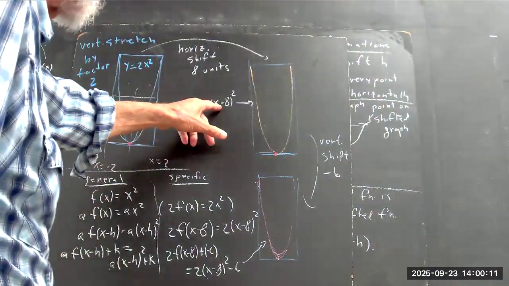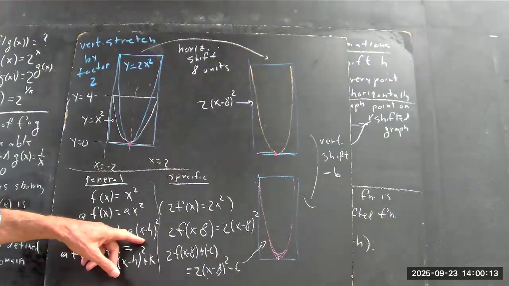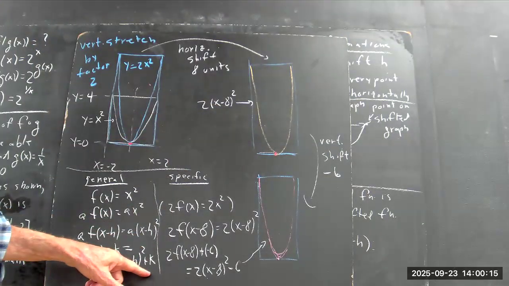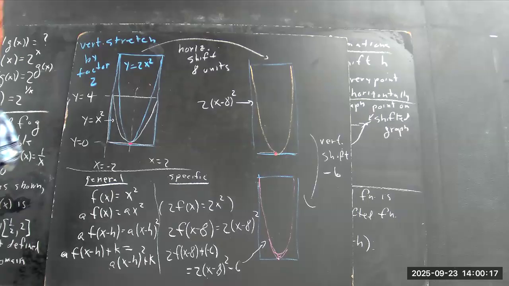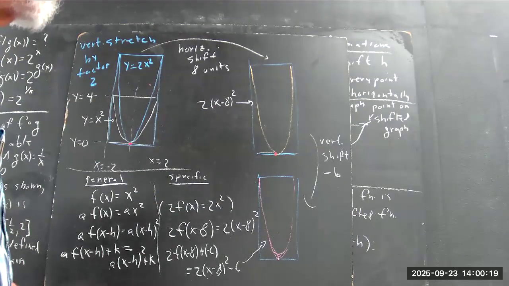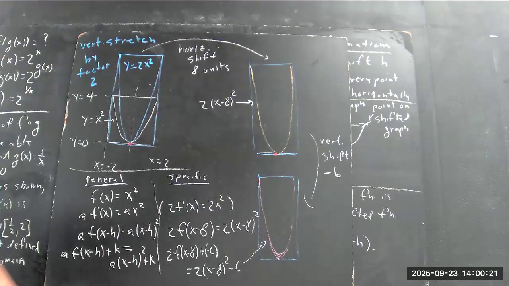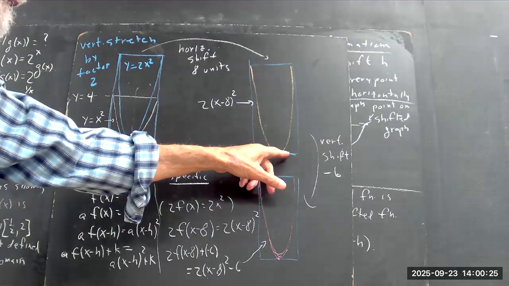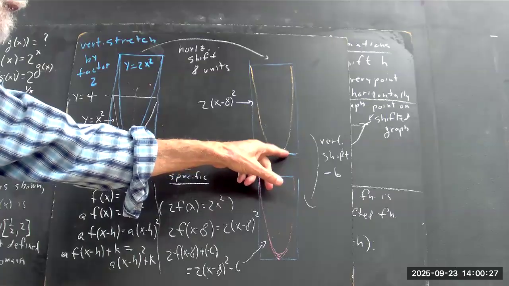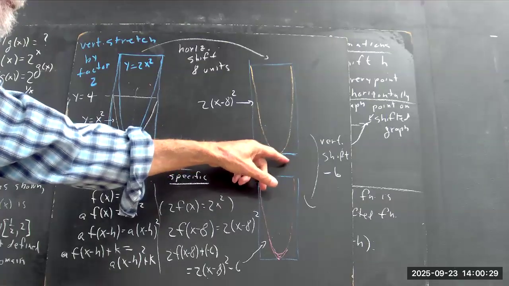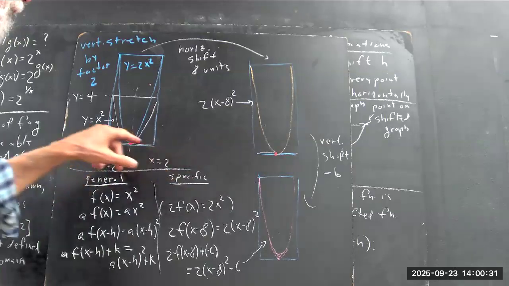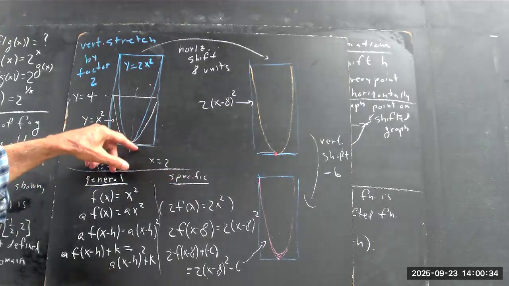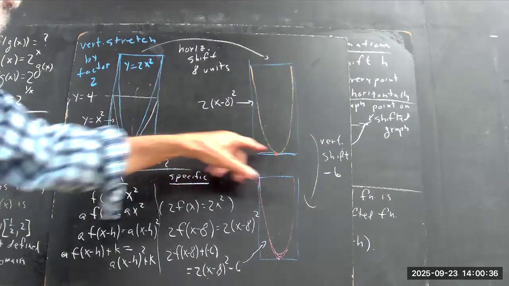There was a question of why this is subtracting 8. Why do you subtract h but add k? You subtract h because, to get the y value, let's say at this point, say this is x equals 9, and you get y equals 2. To get the same y value over here, x would have to be 8 less.